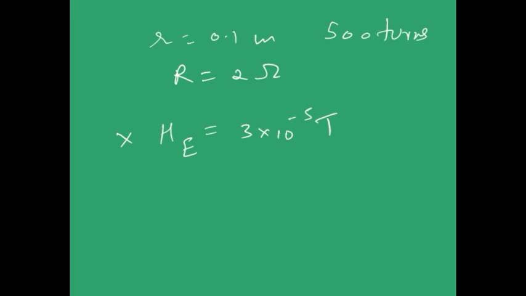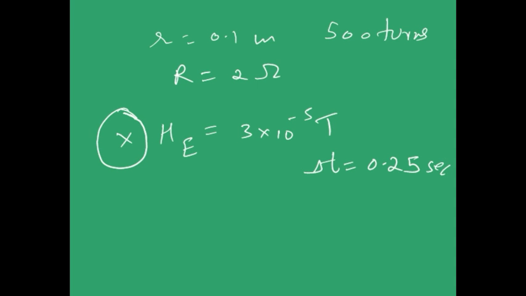This coil is placed perpendicular to this one, in this way, and this coil is rotated about its vertical diameter through 180 degrees in 0.25 seconds. So time is 0.25 seconds and it is rotated through 180 degrees. Okay, estimate the magnitude of EMF induced.